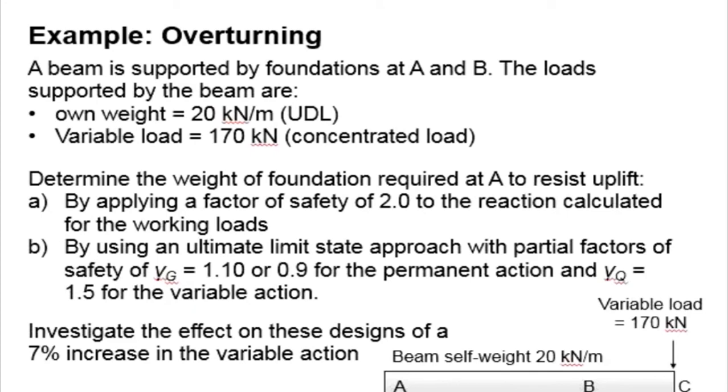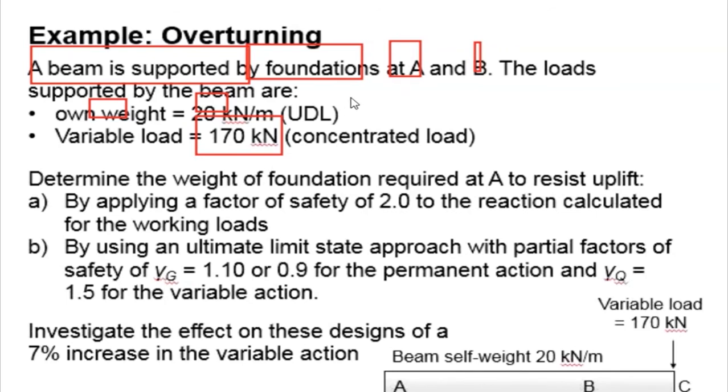Now an example of overturning. A beam is supported by the foundations A and B, and the load is as given. The own self weight is this UDL, and the variable load, or imposed load, which is a concentrated load, is about 170 kilonewton. Now determine the weight of the foundation at A to resist the uplifting.